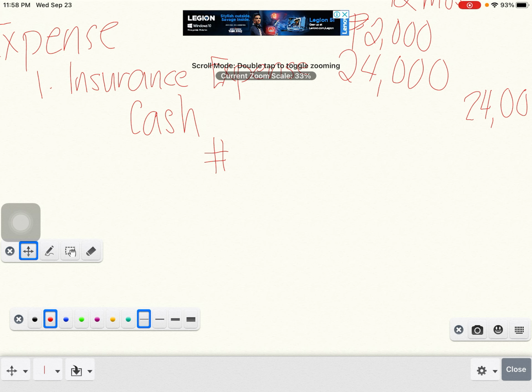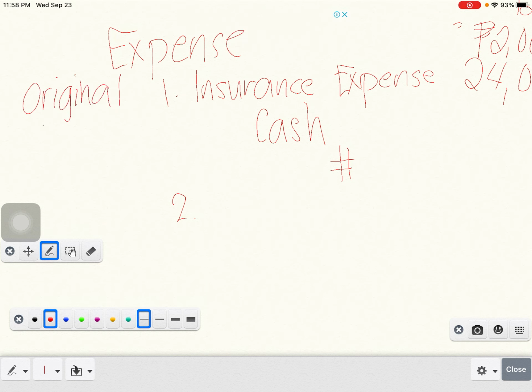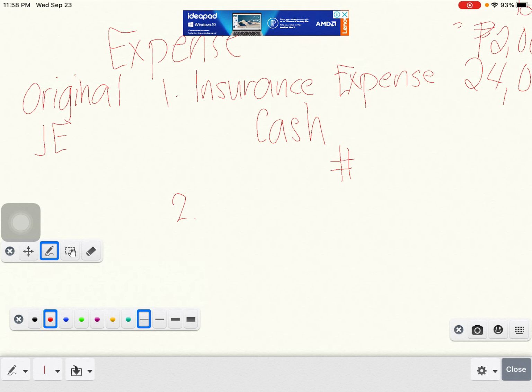Number 2. In your adjusting, take note, the question is the adjusting entry. What account will you record? Take note that we are using expense method. How would you know it's an expense method? Look at the original journal entry. This is the original journal entry.